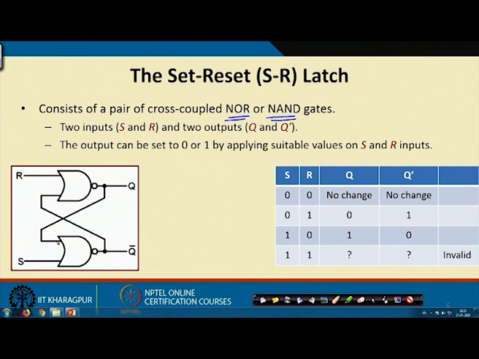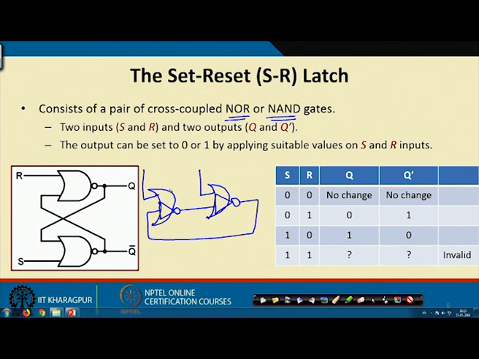Now, let me talk about one thing. I mentioned earlier that 2 inverters connected in cascade with a feedback constitute a stable storage element. Now, suppose I modify these inverters into 2 input gates. Let us say I make this a NOR gate, I make this also a NOR gate, and I apply another input here and another input here.